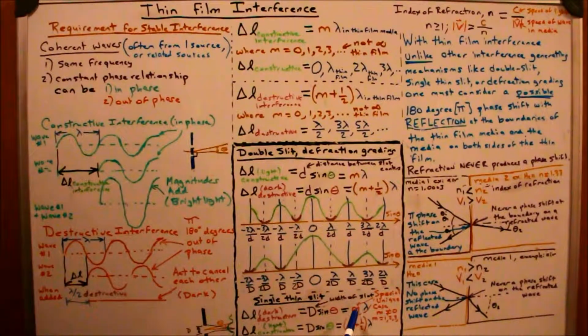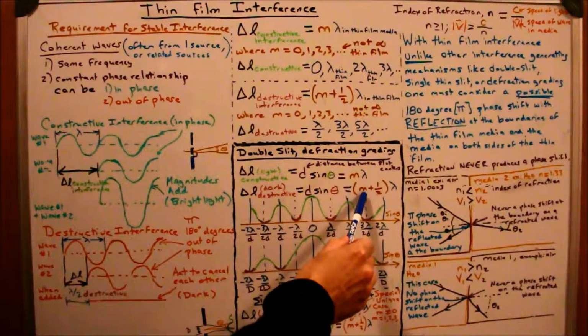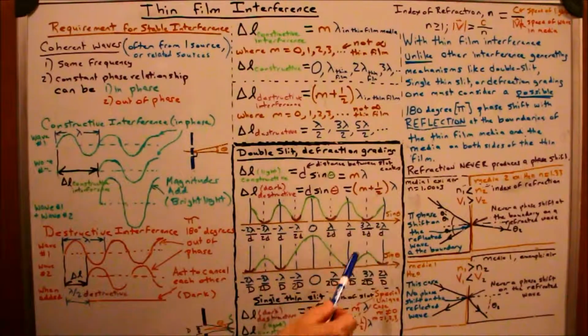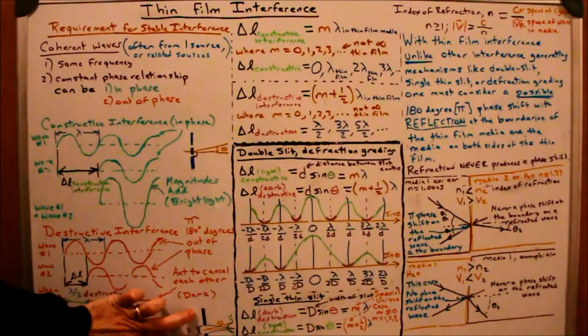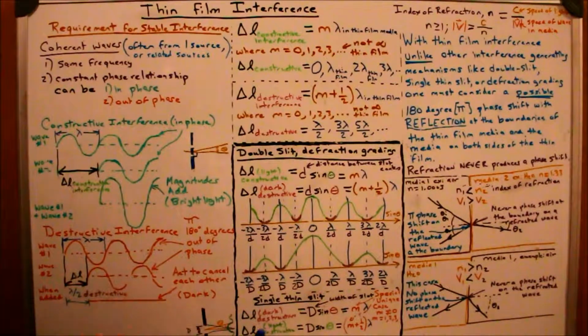So in this case, m doesn't have 0. The first destructive is m equals 1. Here, in the double slit, the first destructive is m equals a half. So that center wide bright zone with a single thin slit is wider, and it pushes the first destructive out, so that now destructive interferences happen at integer numbers of wavelengths in d sine theta.